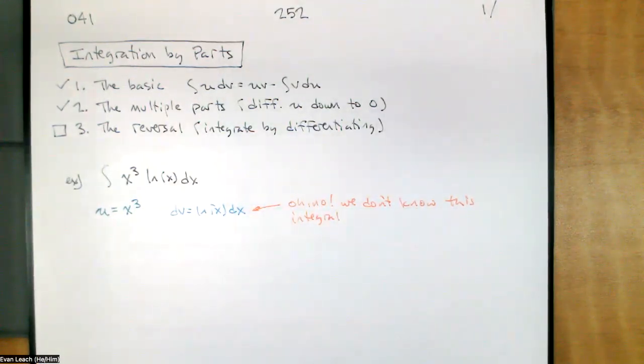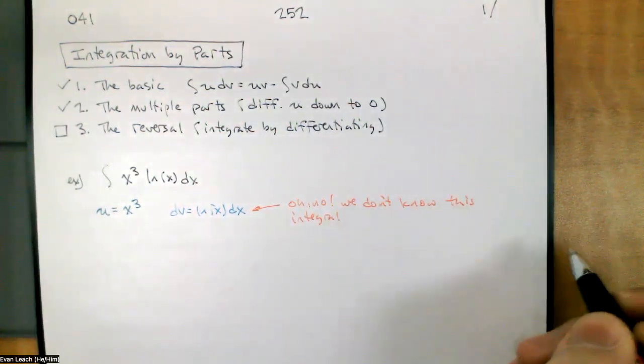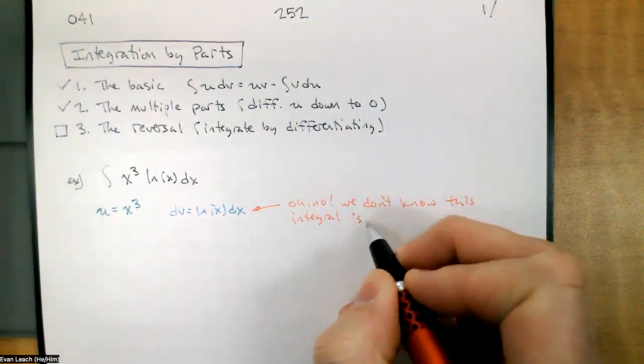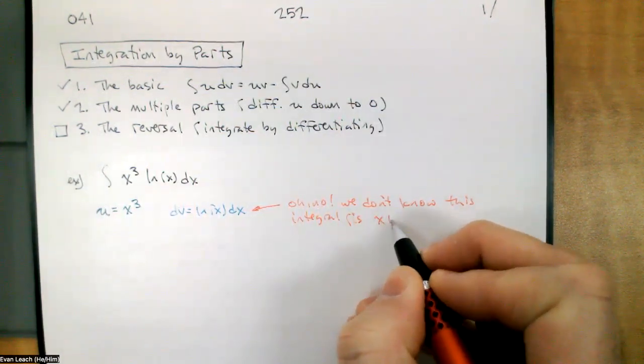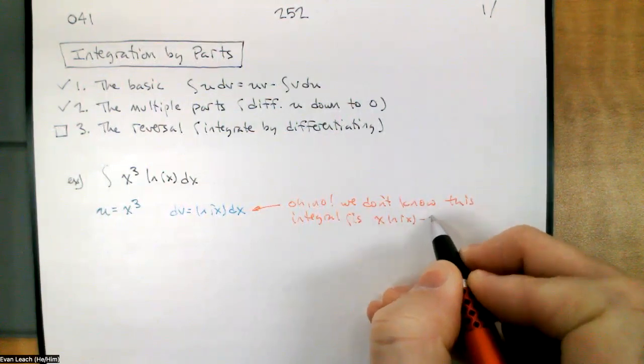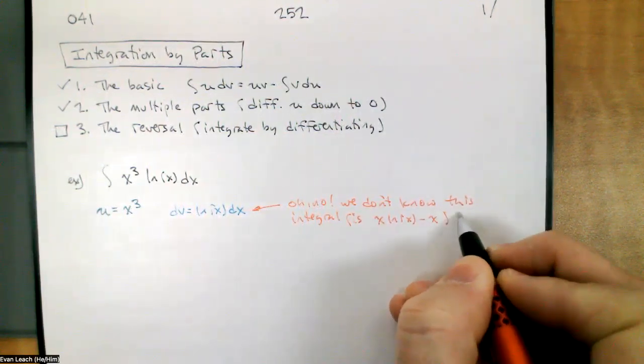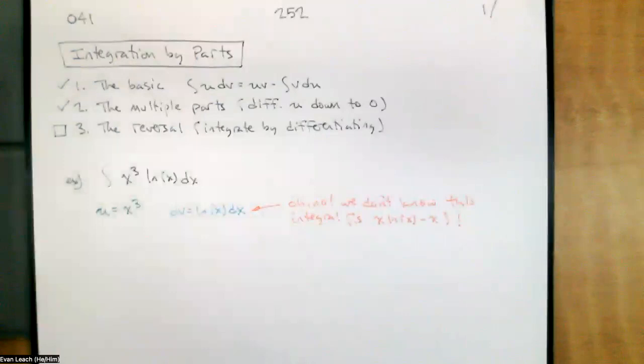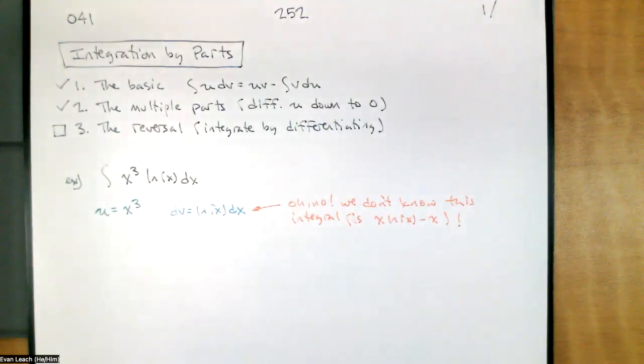We know the derivative of natural log of x is 1 over x, but we don't know the antiderivative of natural log of x. So we're going against our first rule of integration by parts. dv has got to be something that we can integrate.